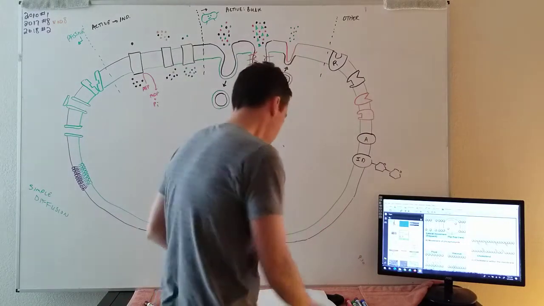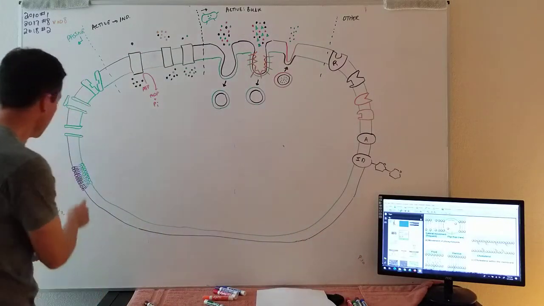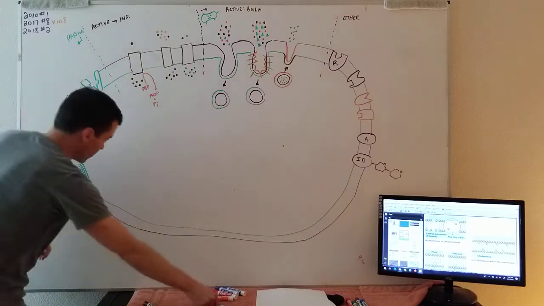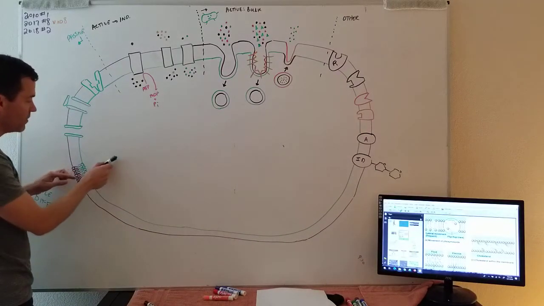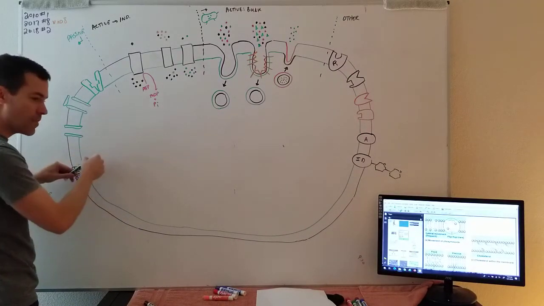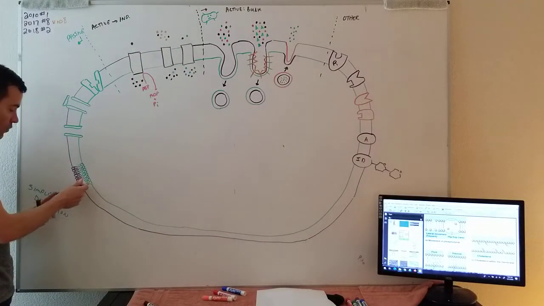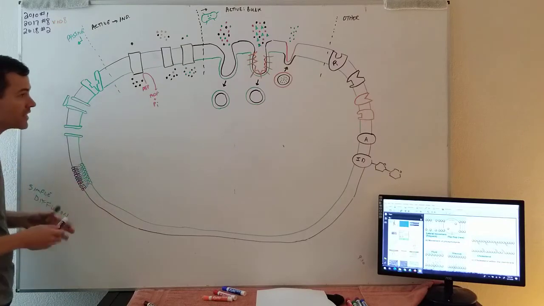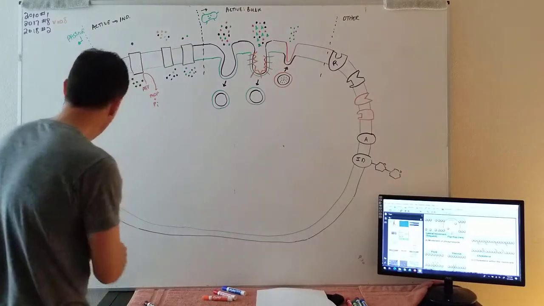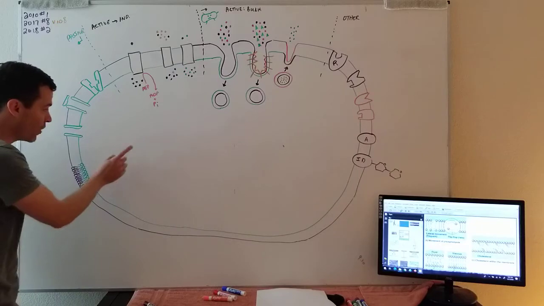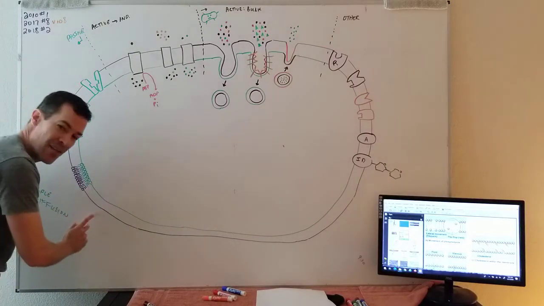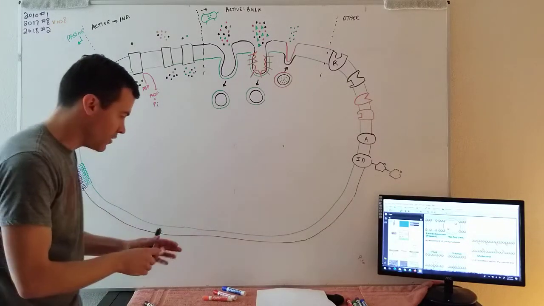Well, the reason it doesn't fall apart is that if that green guy started to exit and go towards the middle, there's water, and the water pushes it back. If the purple guy starts to exit, the water will push it back. So really all that's holding your cells together is the fact that the middle part, those lipids, don't want to touch the water on the inside of your cell, and they don't want to touch the water on the outside of your cell.